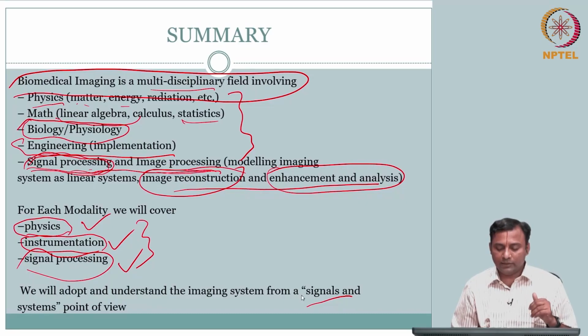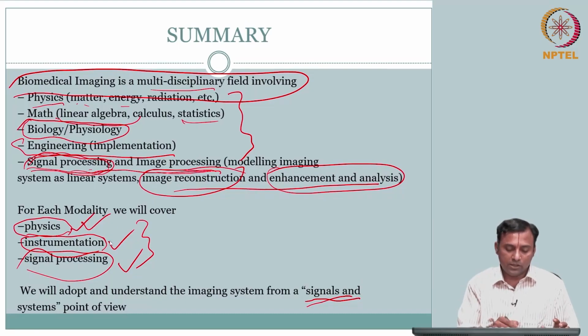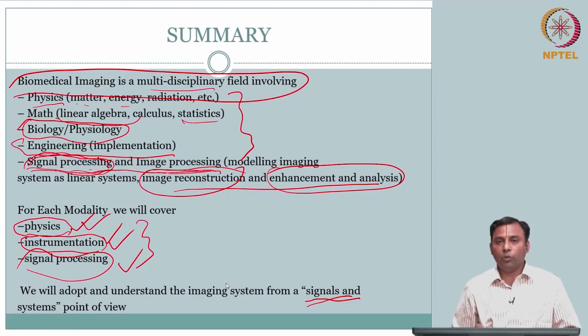But to a reasonable extent, the textbook that was highlighted takes a signals and systems point of view. I found the content to really gel well for a typical biomedical engineering or an engineering student who is trying to get into biomedical imaging. So, there are concepts and organization that involve physics, instrumentation and signal processing. So, we will adapt this point of view.